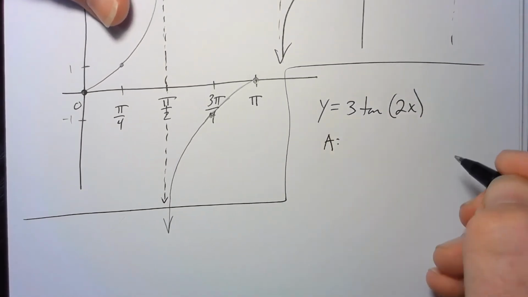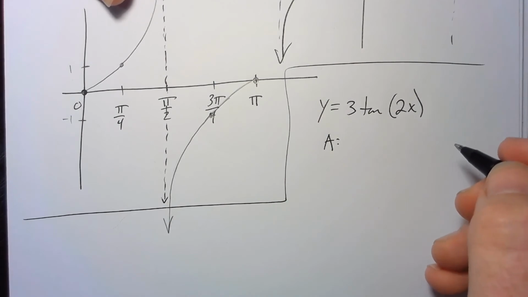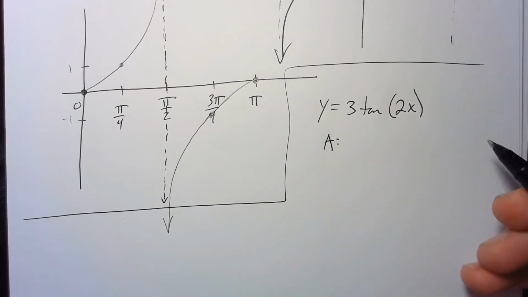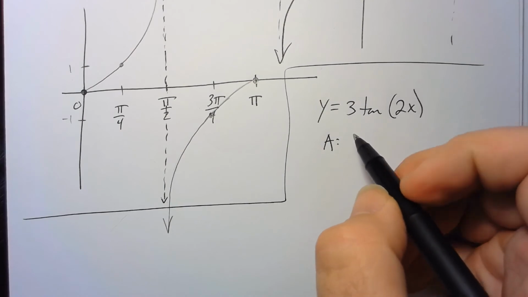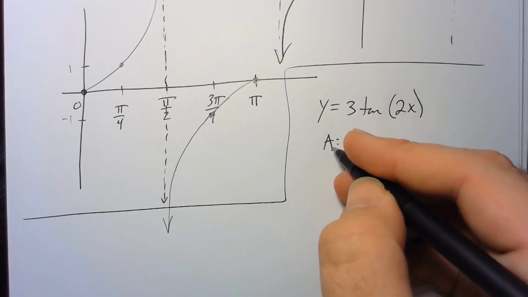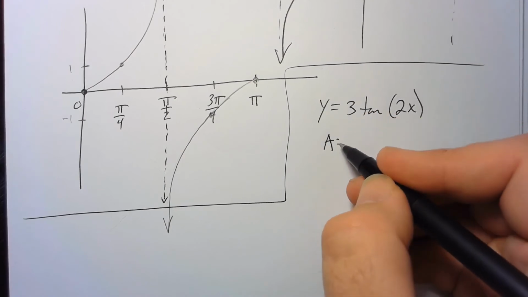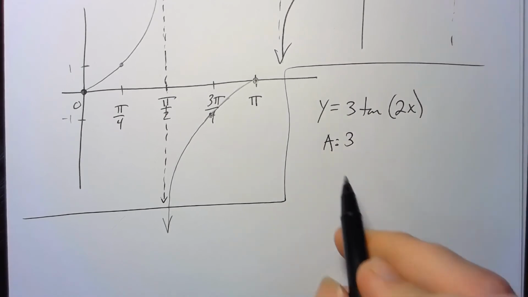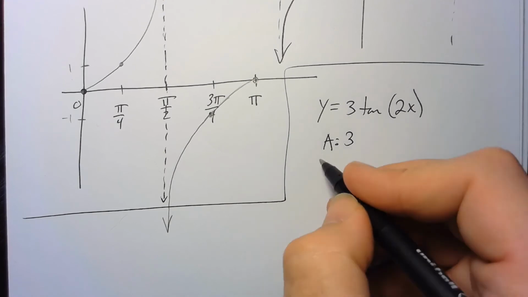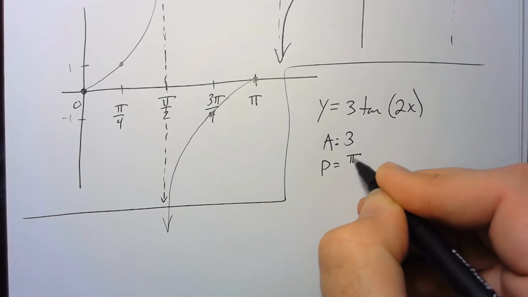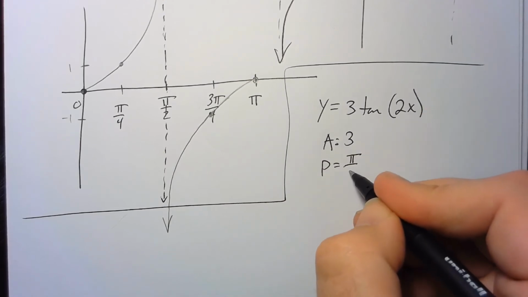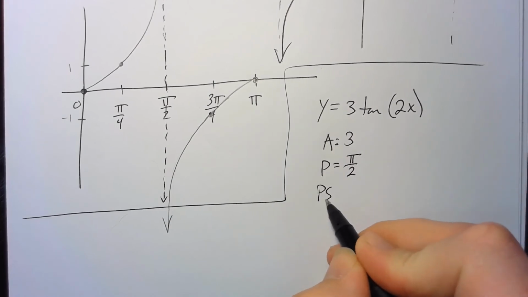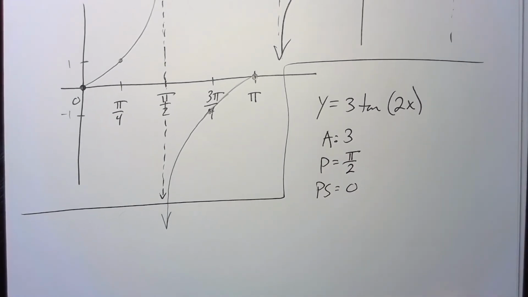The amplitude, which the tangent function doesn't officially have, that's why I'm labeling it as an A and not AMP, but the sine and cosine have amplitudes. The tangent and actually all other trig functions do not have an actual amplitude value. But that value is still important. It's the absolute value of that 3, and therefore it is 3. My period, remember, is pi divided by, in this case, my b value, which is 2. And then my phase shift, I don't have one for this particular graph, so we're not going to identify one.